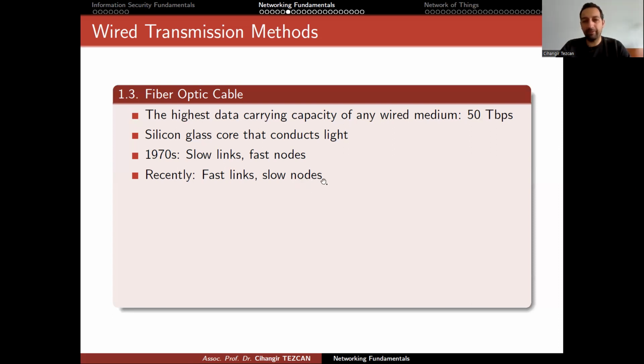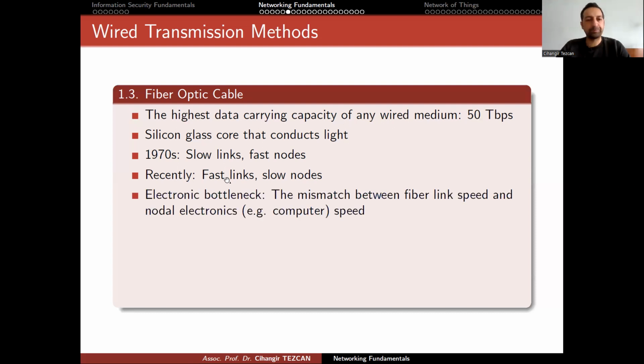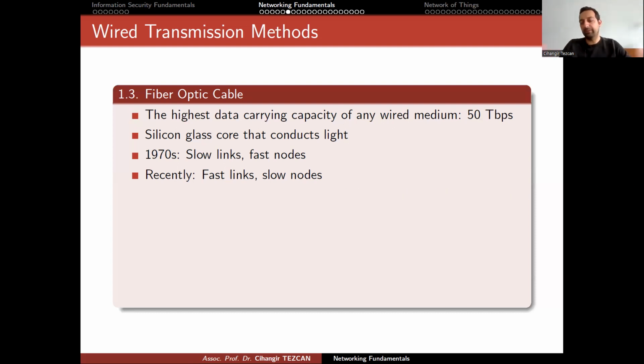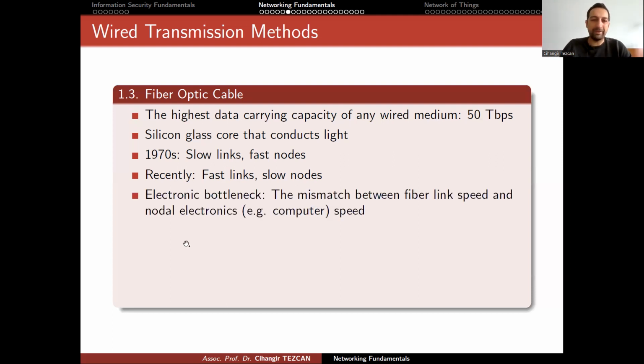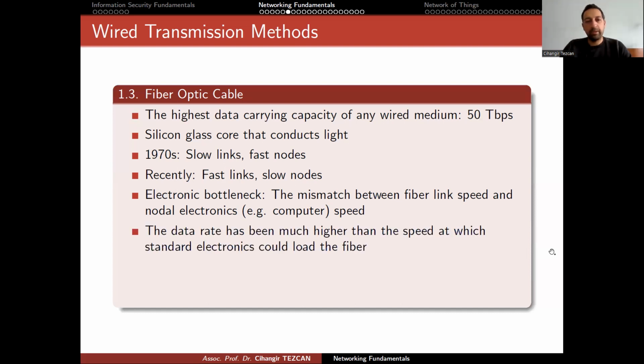Even if we have very fast computers, very fast hard drives, RAMs, and so on, it is still slow compared to the communication channel. This is why we can use these channels with thousands of computers and don't have a bottleneck. So the electronic bottleneck is the mismatch between fiber link speed and nodal electronics, for example, computer speed. The data rate has been much higher than the speed at which standard electronics could load the fiber.